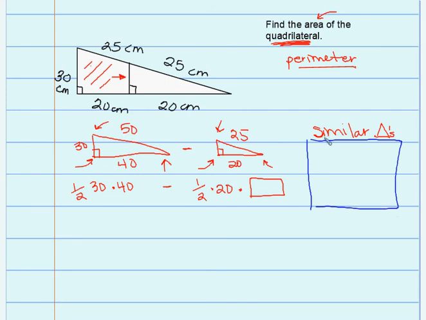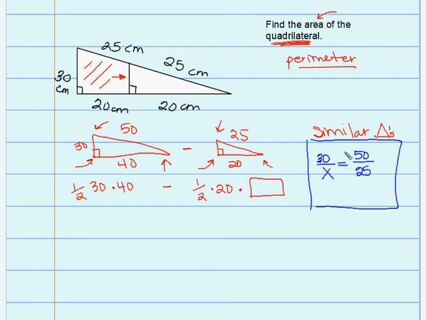Okay, we can write ratios, right? The side lengths have to be proportional. So 30, the short side of the big triangle over the missing side, has to be the same proportion as, and you can pick either of the other sides. Maybe the hypotenuse, so we need the big triangle hypotenuse over the small triangle hypotenuse.